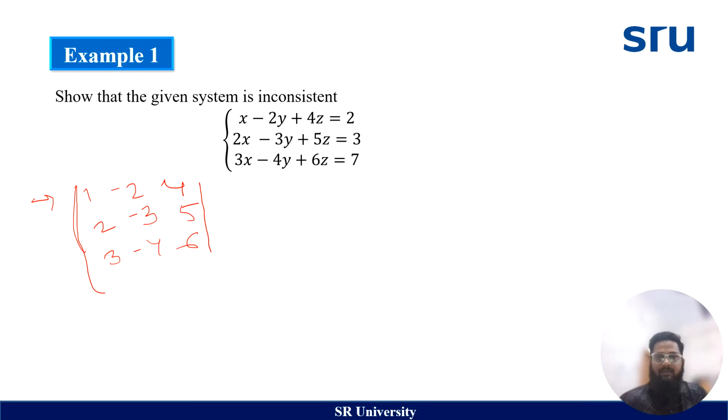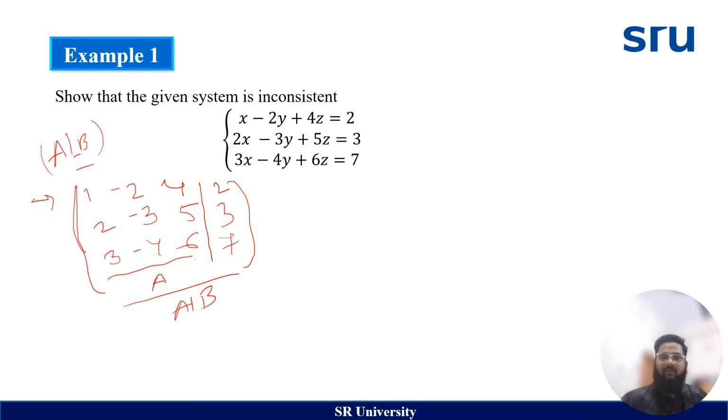Along with it, with the right hand side vector, we take the augmented matrix which is A|B. Our target is to find the rank of the total matrix as well as the left hand side matrix A. So this is A and the total is A|B. We will find the rank of these.